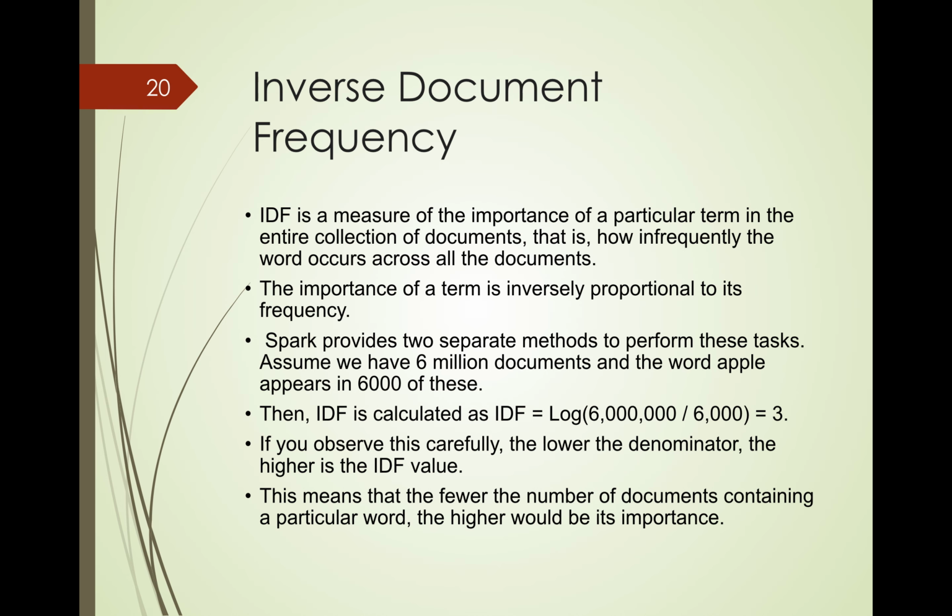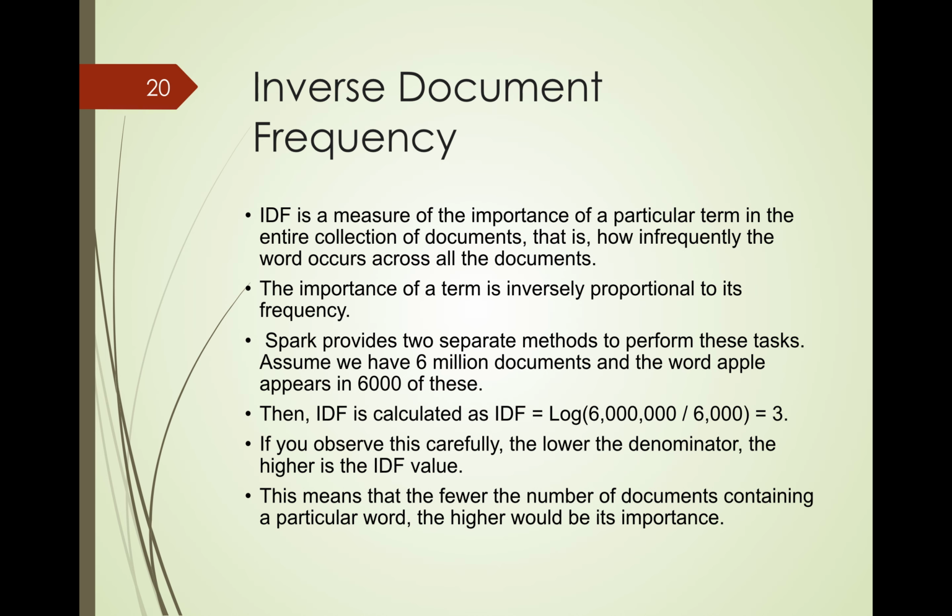It is usually calculated as the logarithm of the total divided by this. So if you have, for example, 6 million documents in your collection and the word apple occurs in 6,000 of those, then 6 million divided by 6,000 is 1,000, and log 1000 is 3. So your IDF score is now 3.